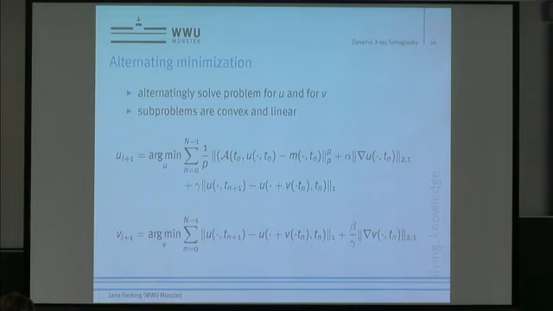So we solve this problem for time steps 1 and 2, and then we compare time steps 2 and 3, and so on. We compare all of the time steps first to minimize the model with respect to u, and then we do the same for the second subproblem, and so on. But we only ever compare two subsequent time steps with each other.